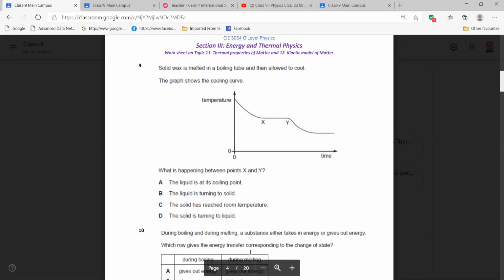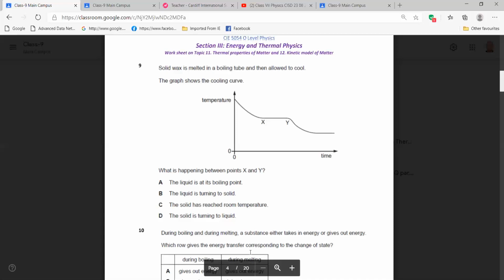At constant temperature, because when it turns to liquid from solid, like ice, it starts melting at 0 degrees Celsius, and the process continues until all the ice has become water.